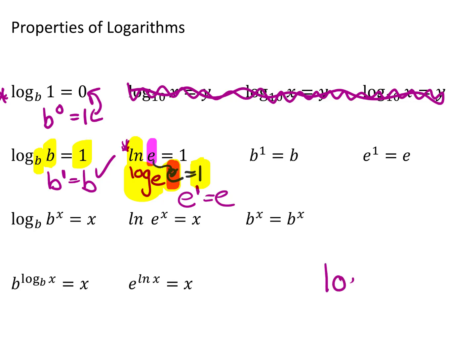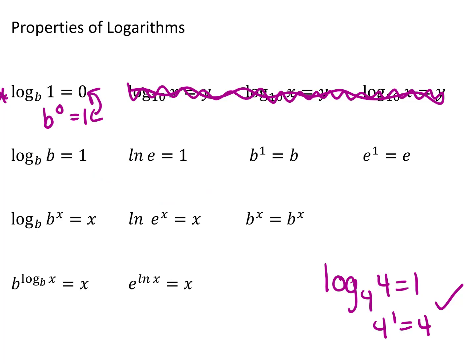Another example could be log base 4 of 4. That will equal 1 because these two numbers are the same. How we prove that is 4 to the 1 is equal to 4. That is a true statement. Take some time and go through the remaining properties.